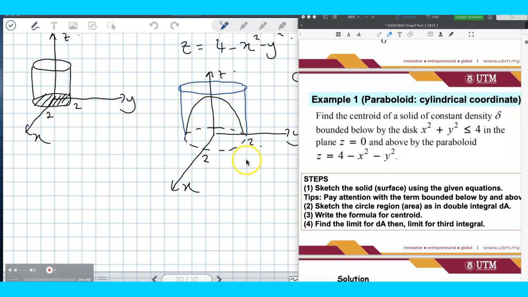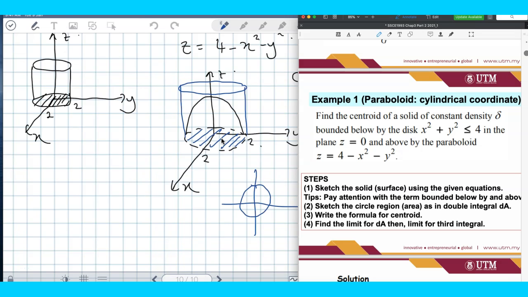Then what does your solid look like? Again, we read the instruction here. We have a solid bounded below by the circle with radius 2, on the xy-plane, where it is a disc, that is z equal to 0, and above by the paraboloid.